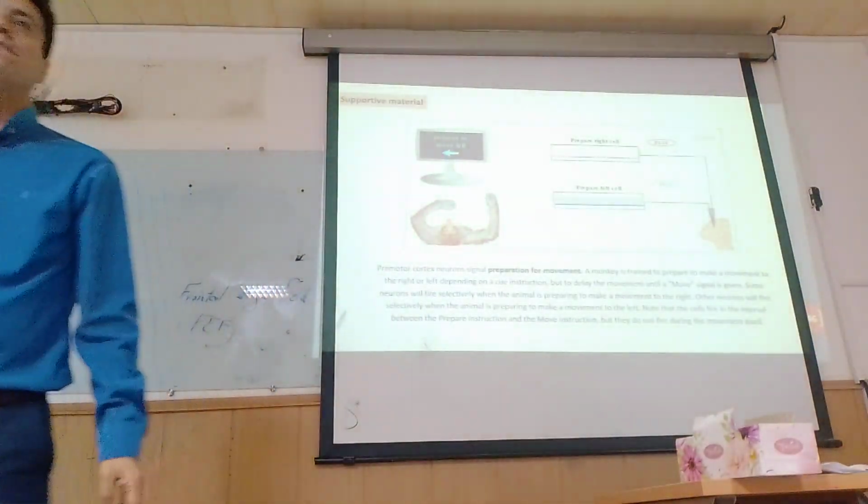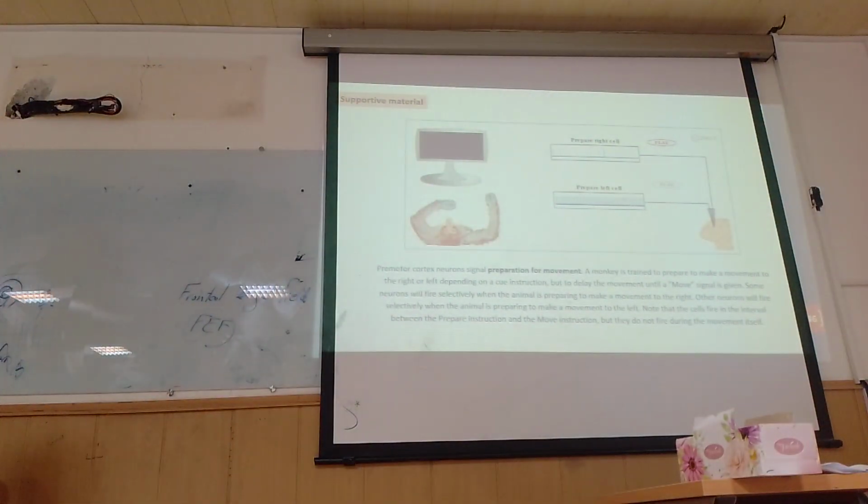What does it mean? It means that some cells in the premotor cortex are only active when we prepare for movement, when we plan for movement. And during the action, they are not active because the action should be performed by the primary motor cortex. So the premotor cortex is only involved for planning.